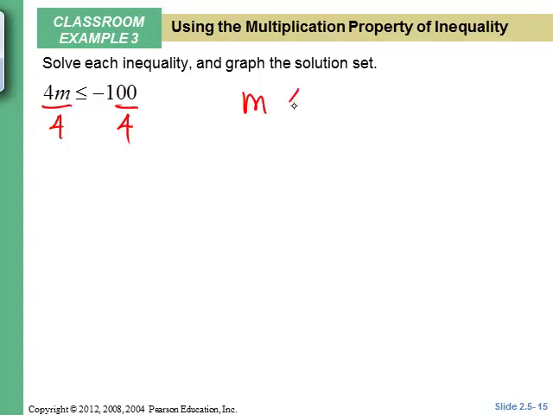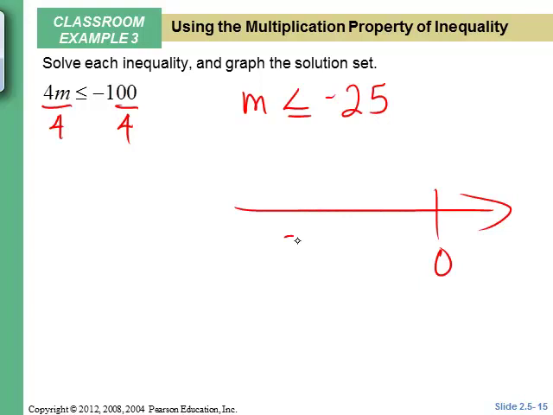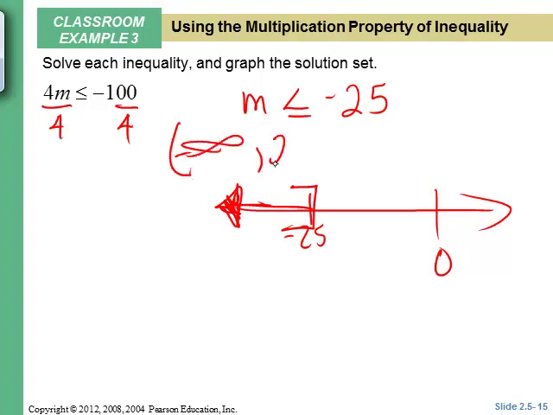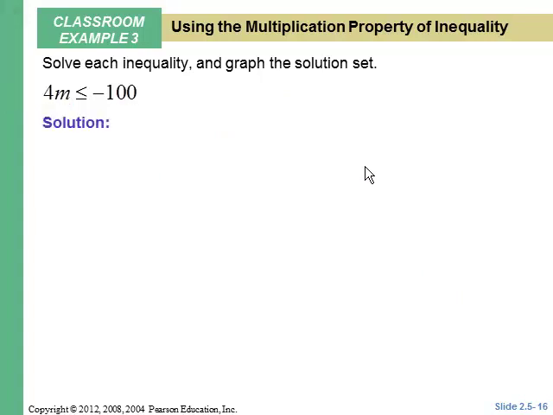And we have m is less than or equal to -25. Here's 0. Here's -25. Notice it's going to be a bracket. Less than or equal to: parentheses, -infinity, comma, -25, bracket is our notation, and then our graph. Now, this time we're going to divide by a -9 to get the m all alone.